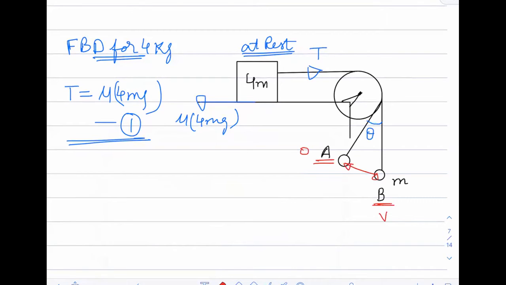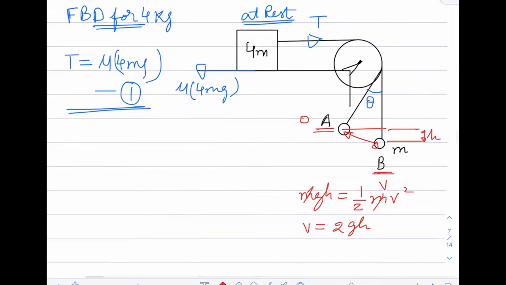So I can say that mgh is getting converted into half mv square here. So m gets cancelled, v will become root of 2gh. Now what is actually h here? h is this height.